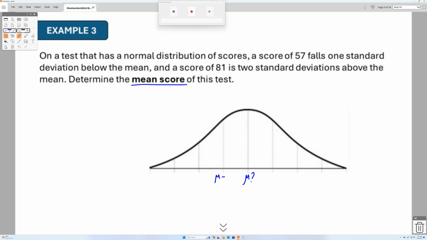Calculate the mean score. The distance between the upper and lower bound of this interval is 24.